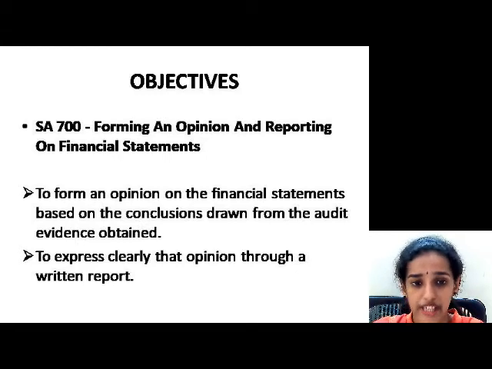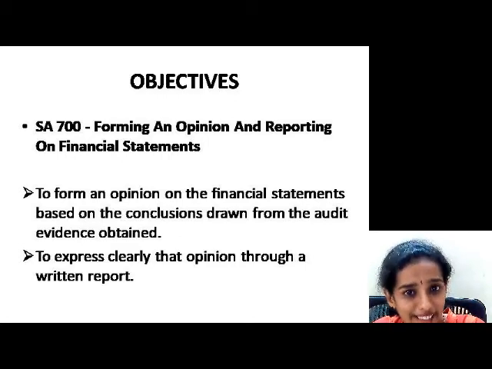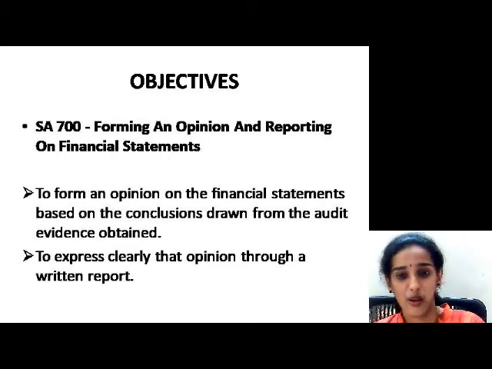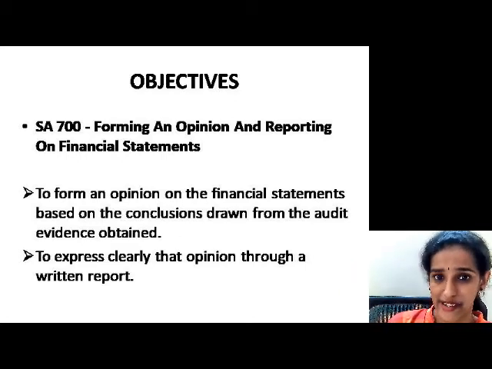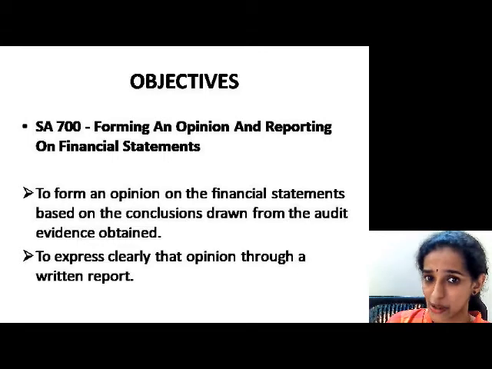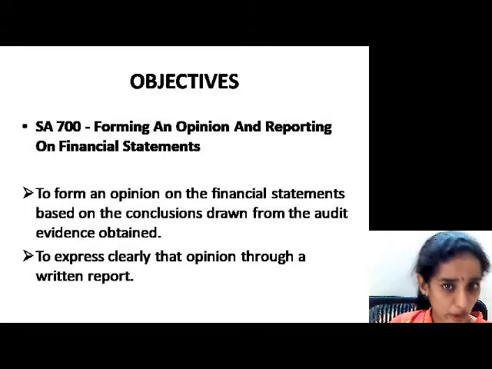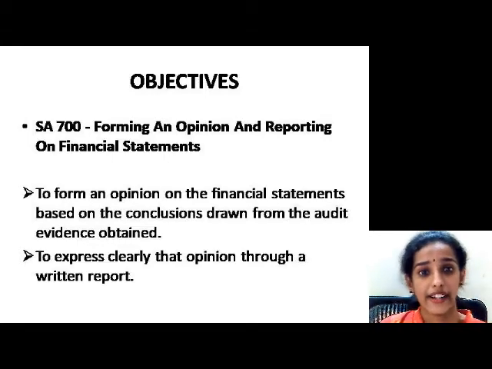So basically the objective will be to form an opinion based on the conclusions. How can the auditor arrive at conclusions? The auditor will be arriving at conclusions based on some audit evidence. This audit evidence, I already told you two words: sufficient and appropriate audit evidence. And how is he obtaining the audit evidence?